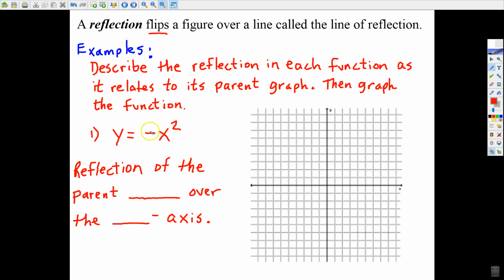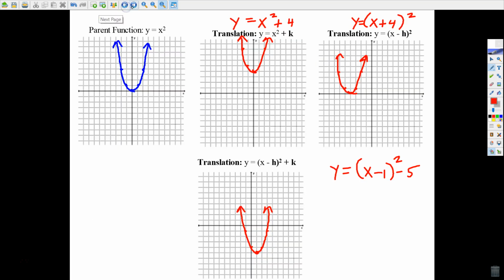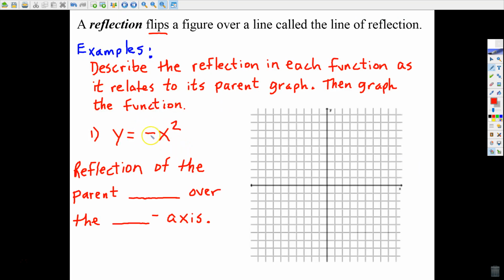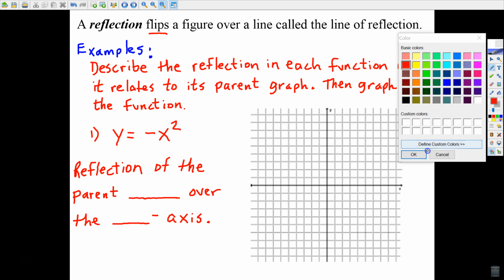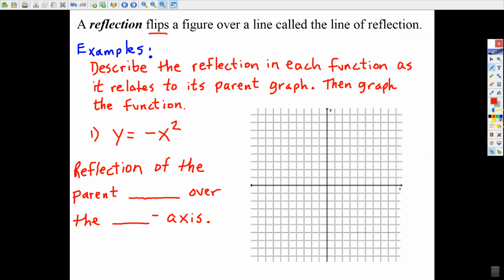It's pretty easy. Notice how I've included the minus sign in front of x squared. We haven't dealt with that yet. The minus sign that is not, don't do this to your notes. Let me just show you a counterexample. A minus sign that is not included in parentheses. Okay?